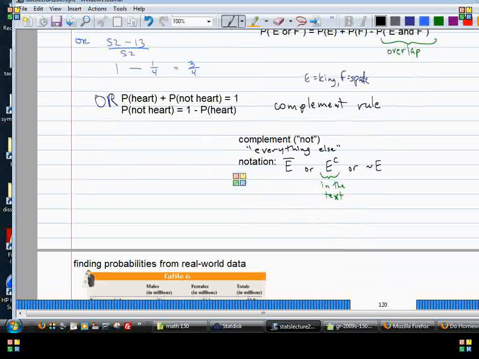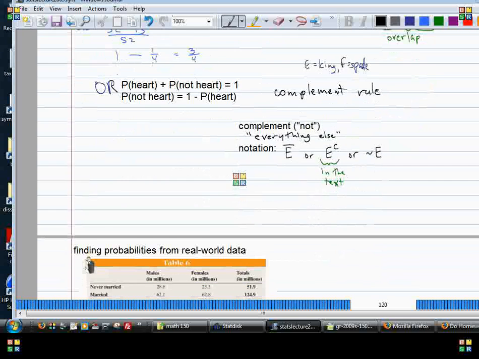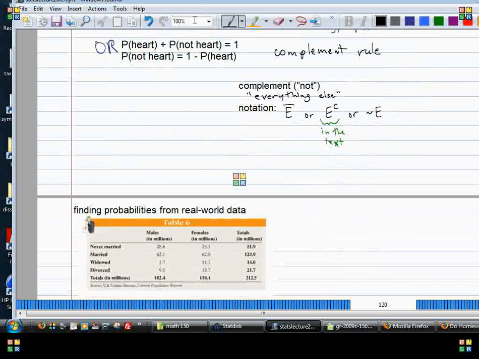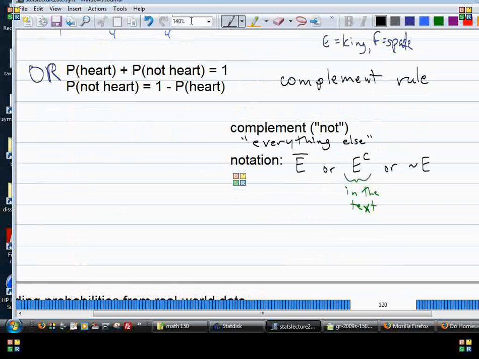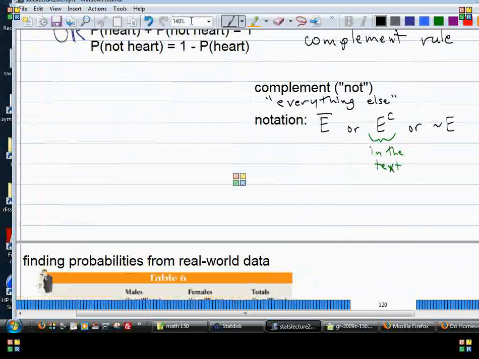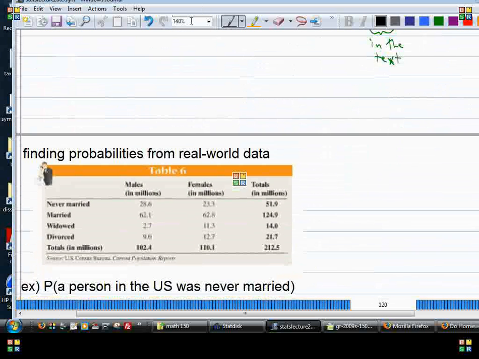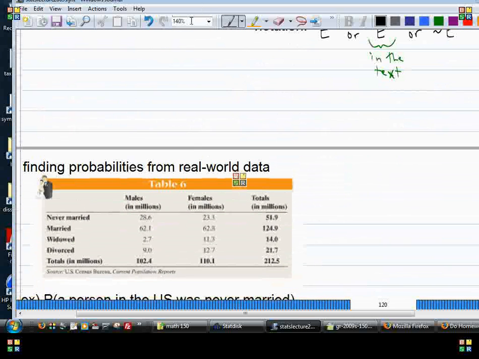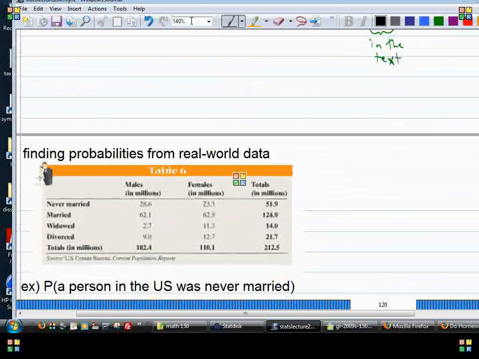Okay, so next bit, finding probabilities from real world data. So the first thing is, let me blow this up so you guys can read a little better. I want to make sure that we can understand what this table says. How many women are married? 62.8 million.